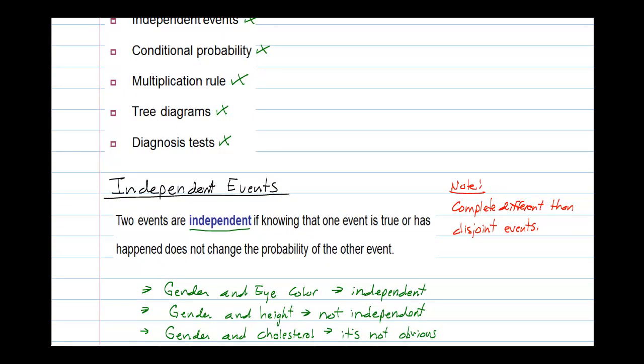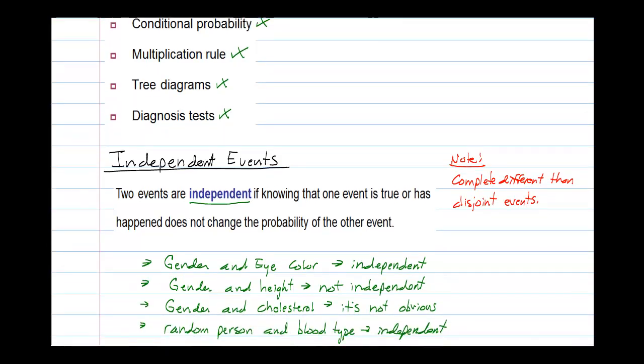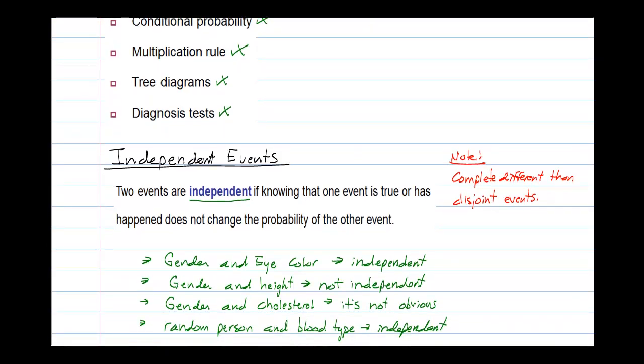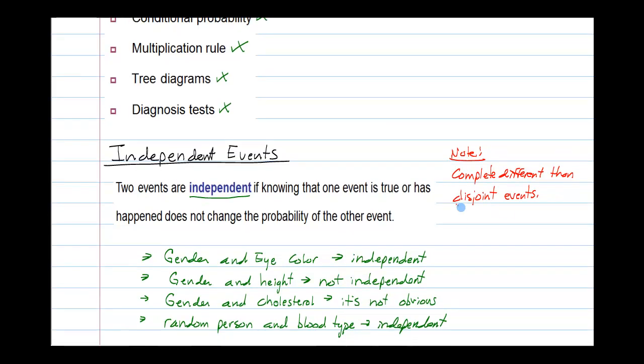You might think that men tend to have higher cholesterol levels, but we'd have to look at some numbers to determine that. It's probably independent, but I'm not sure about that one. And then we could talk about a person coming in to donate blood. One person's blood type is independent of another, of course, if they're not related. So those are the idea of independence. And again, independent is completely different than disjoint events.